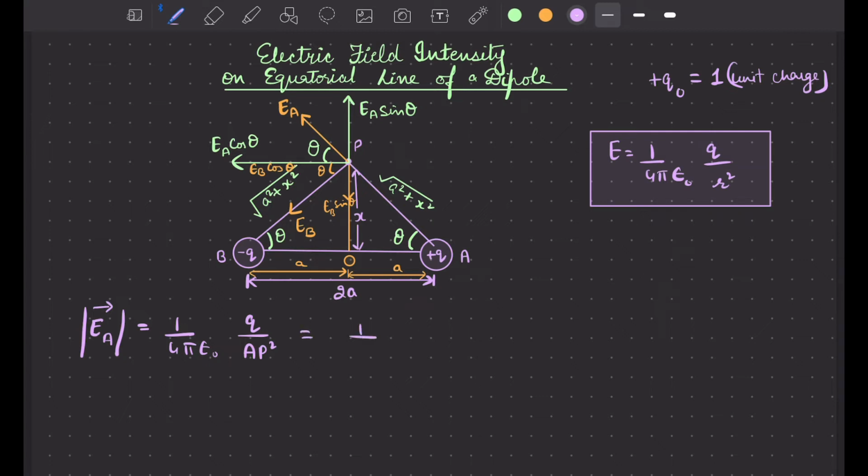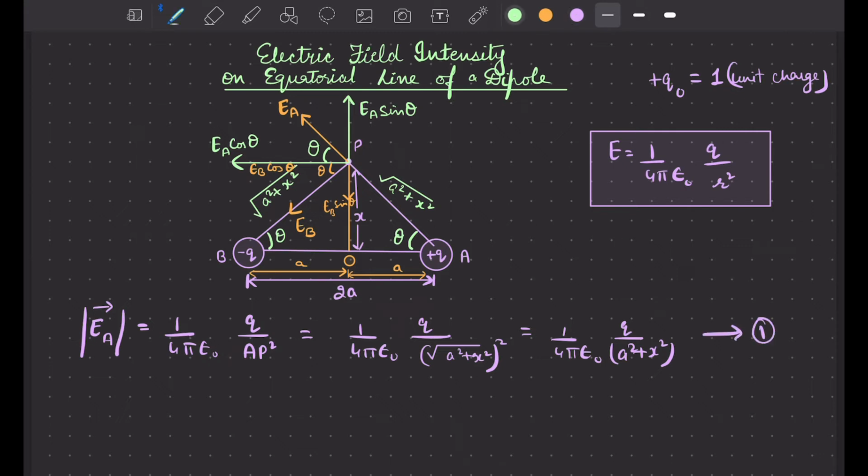So it is equal to 1 upon 4 pi epsilon naught Q upon under root of a square plus x square whole square. So the value is 1 upon 4 pi epsilon naught Q upon a square plus x square. This is our equation number 1.